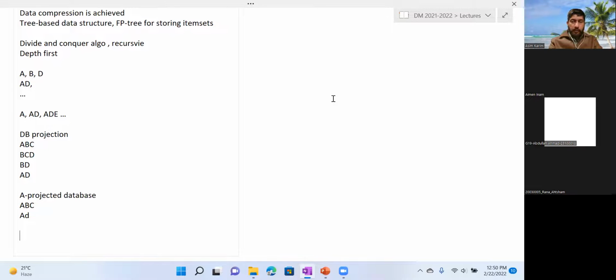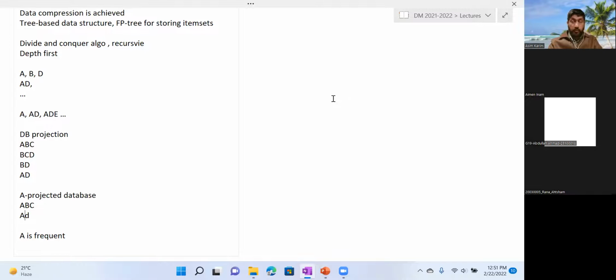Let me say that A is frequent, just to give an example. Frequent would depend on what I defined as the frequent count.